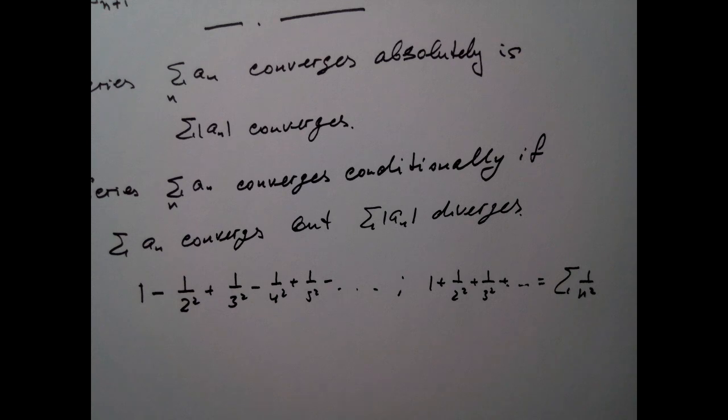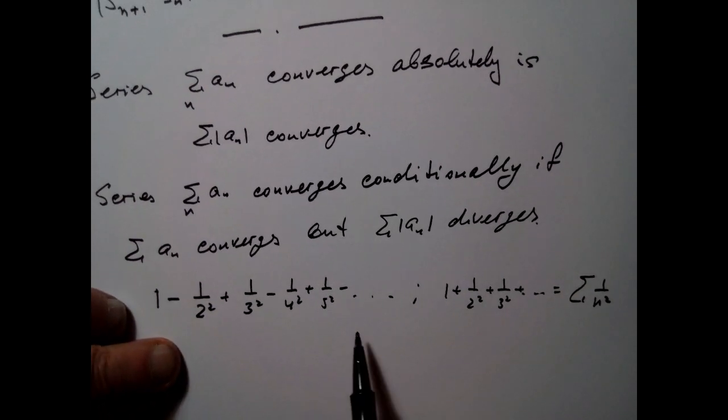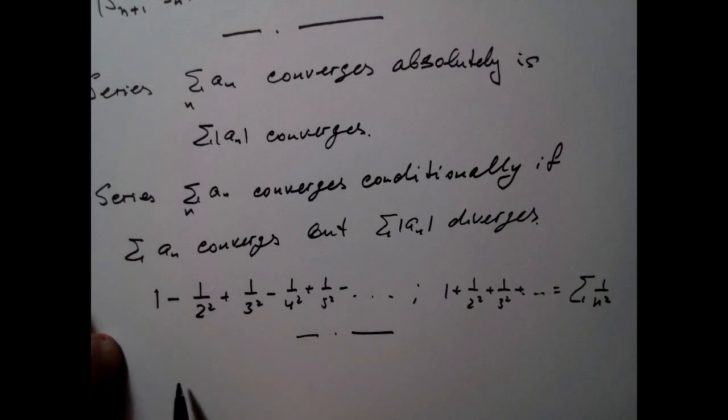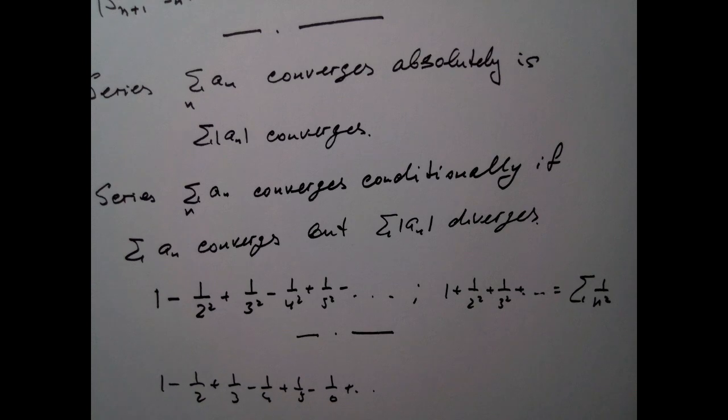On the other hand, the series that I mentioned at the very beginning, the series 1 minus 1 half plus 1 third minus 1 fourth plus 1 fifth minus 1 sixth plus etc., converges conditionally.